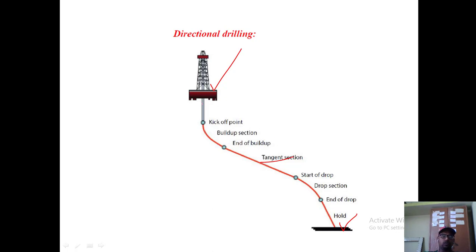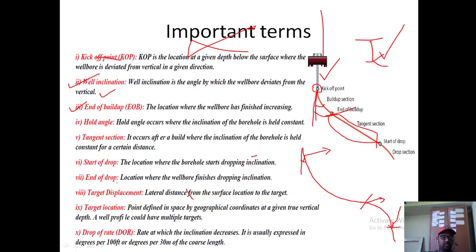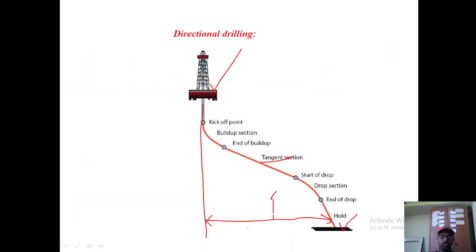The lateral or horizontal distance from the location of the well to the pay zone is nothing but the target displacement. I hope you understood this point, that target displacement is the horizontal distance with respect to vertical.